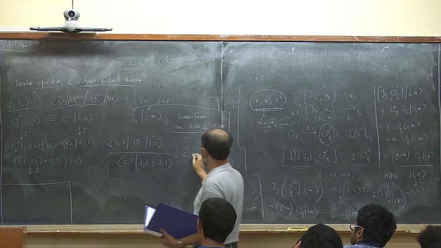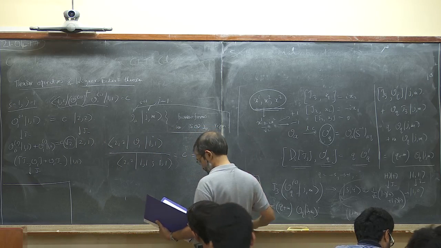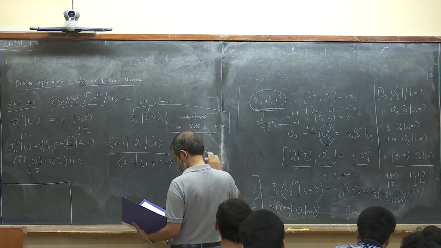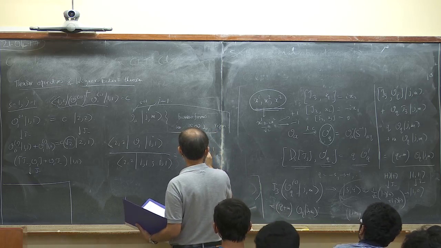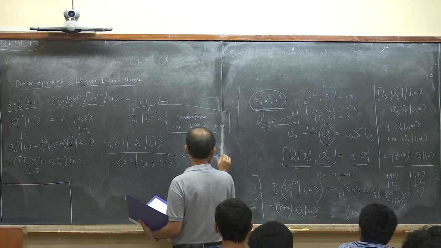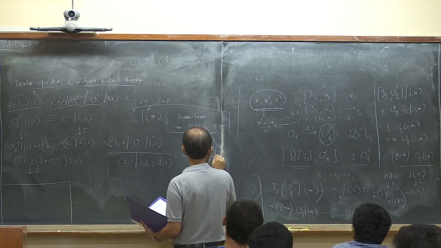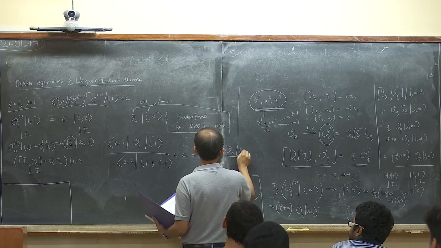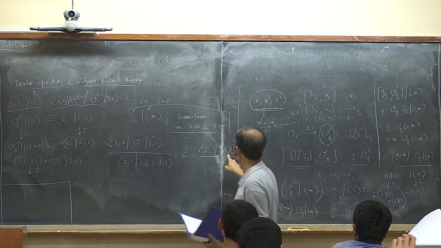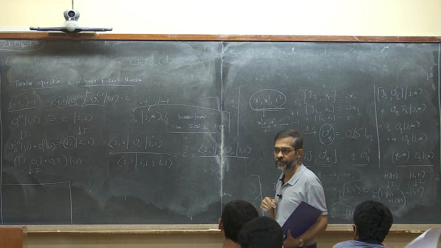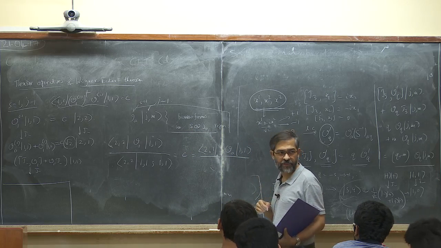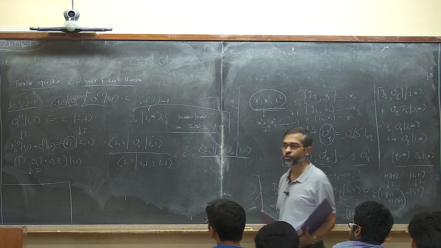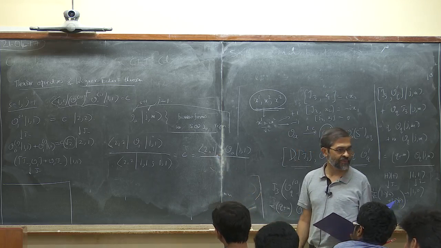And this will be true at every level. Now I do this thing, O0. Now I apply O0 acting on 1, 1. It will form part of this 2, 1 state.